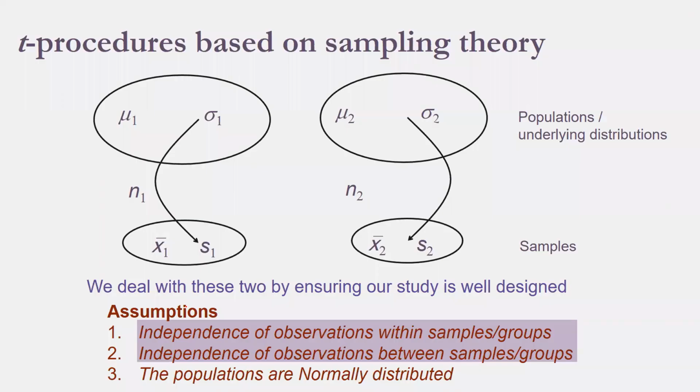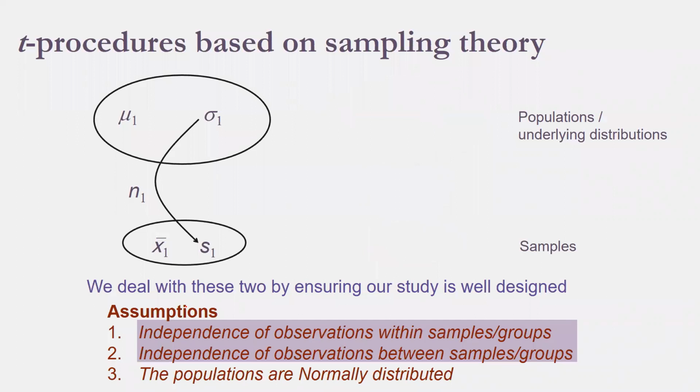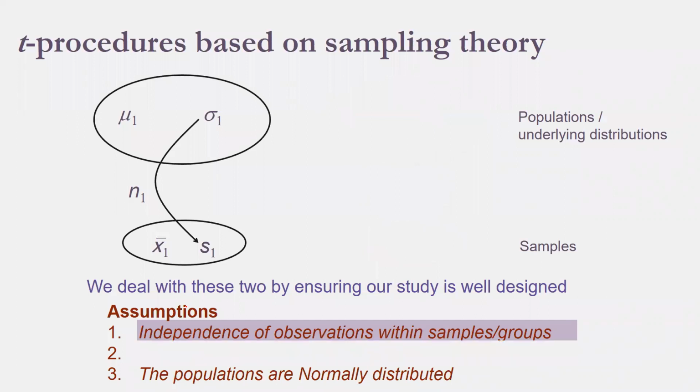These were our assumptions for a 2 independent sample t-test. But luckily for us, it's about to get a bit simpler because we don't have a second sample. So we only have to check assumption number 1, independence of observations within the groups. And remember, what's in here are the differences.